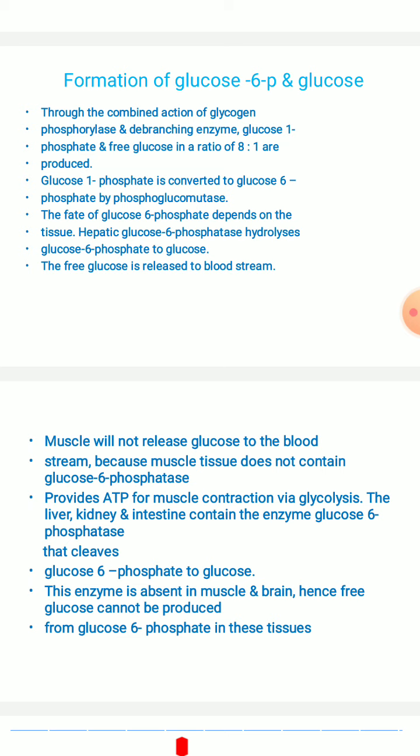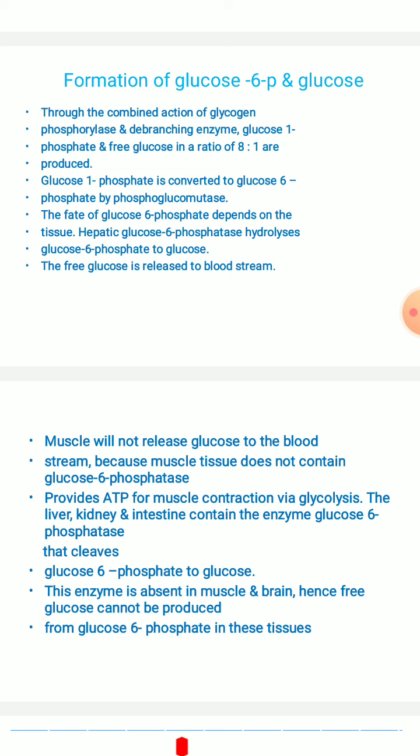We have already seen how glucose 6 phosphate is cleaved to glucose, where this enzyme is present in other tissues and absent in the muscle, and it is also absent in the brain, that is, glucose 6 phosphatase. Hence free glucose cannot be produced.